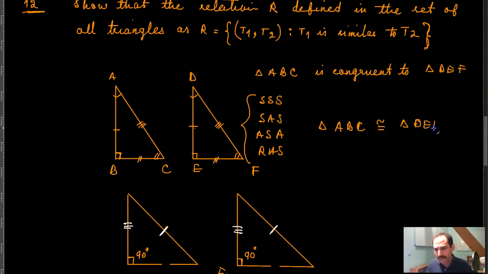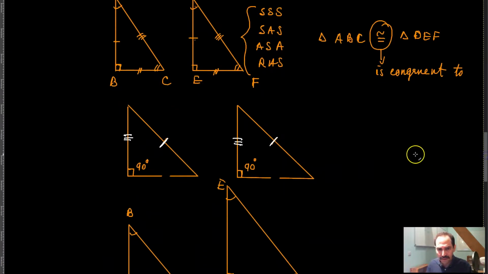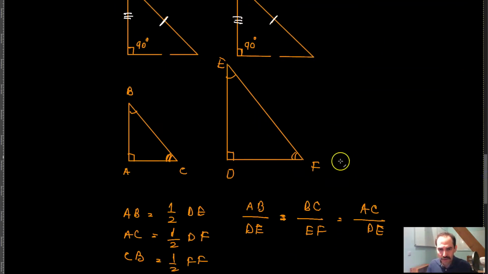That means is congruent to. And these two triangles, as you know, are similar, so you can say that triangle ABC is similar to the triangle DEF.